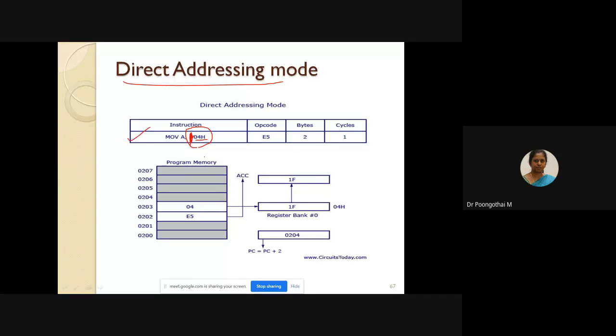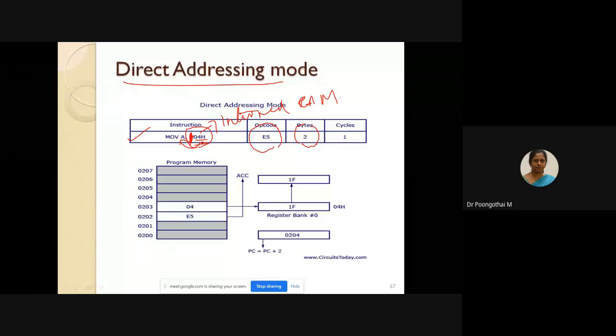So when this instruction is executed, whatever data is stored in this 04 is moved to the accumulator. So this 04 is nothing but your internal RAM address. So look at this diagram. This one requires 2 bytes.